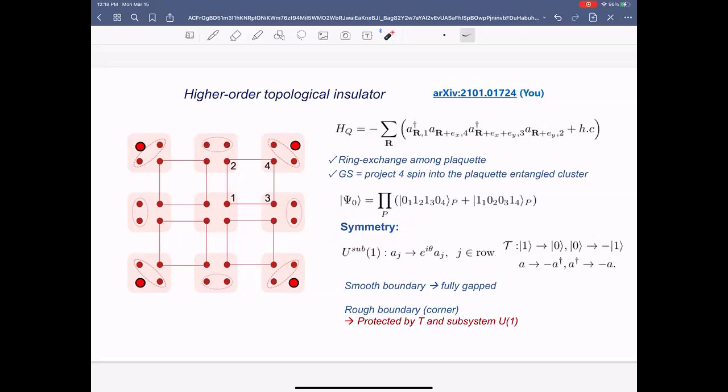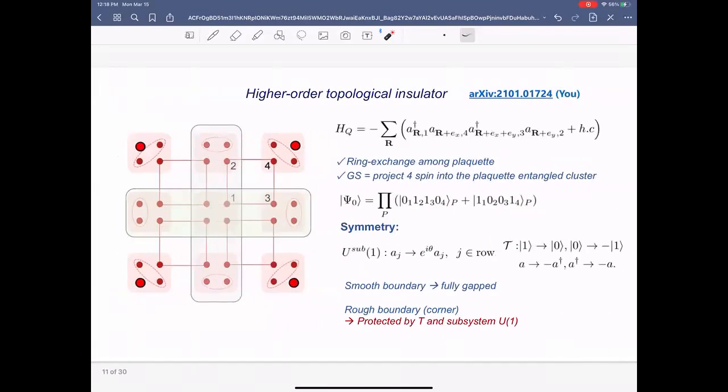And in the meantime, we will have a new type of symmetry, which we call the subsystem U1 symmetry, such that if we take each row and each column, we will find the U1 charge of the hard-core boson, or say the Sz charge for the spin, is conserved on any row and any column.